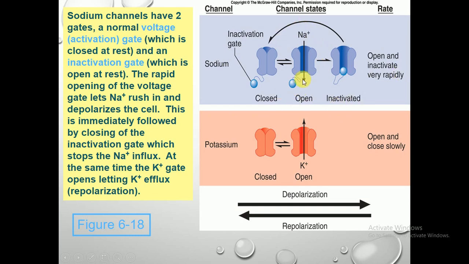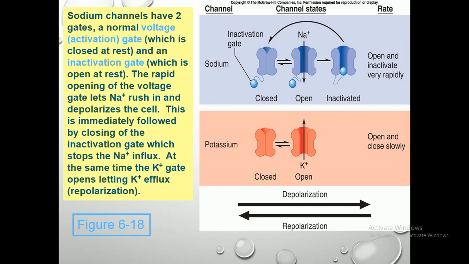One is the normal voltage activation gate, which is closed at rest, and the second one is the inactivation gate, which is open at rest. So the rapid opening of the voltage gate lets the sodium ions rush in and depolarize the cell.